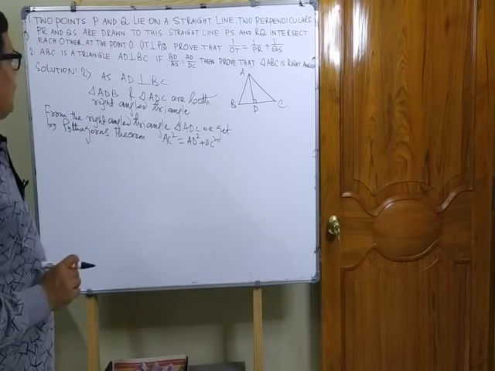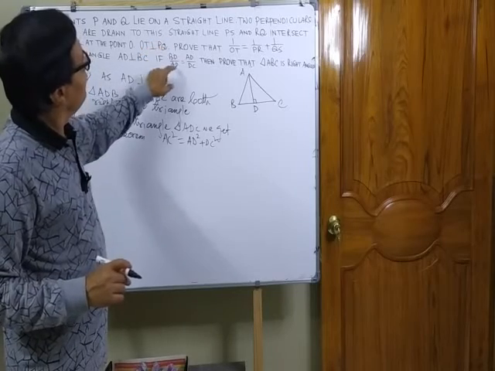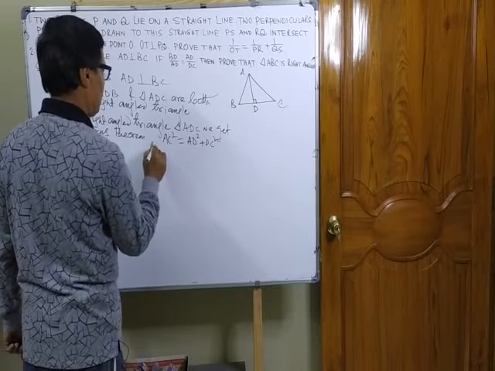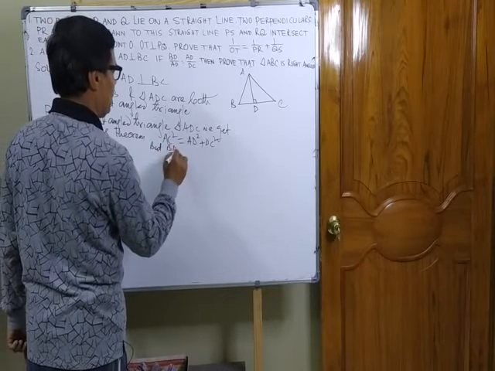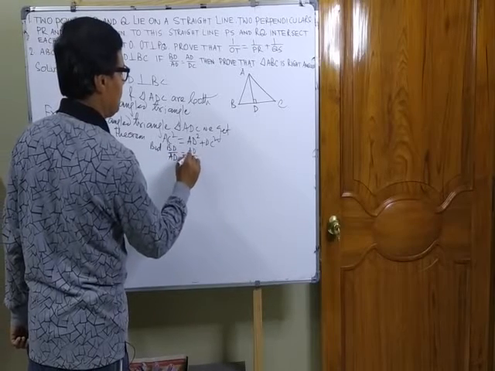But we are given BD over AD equal to AD over DC.